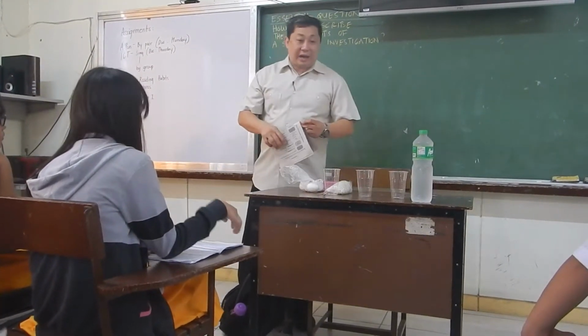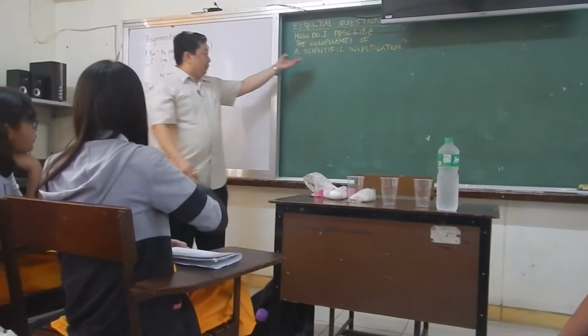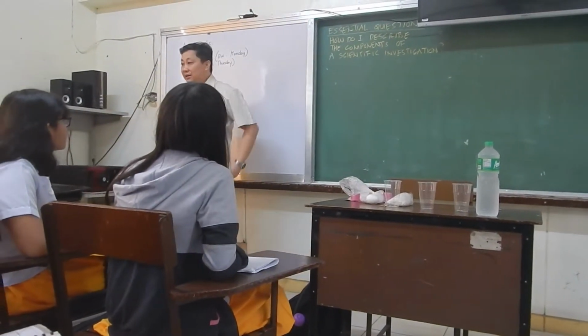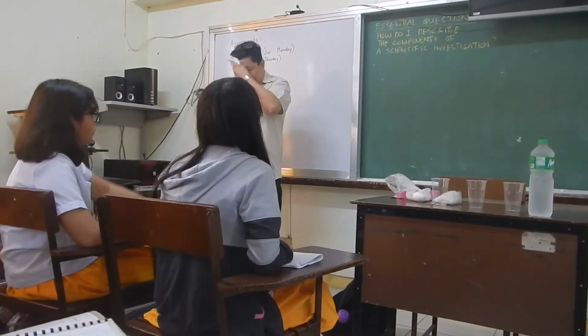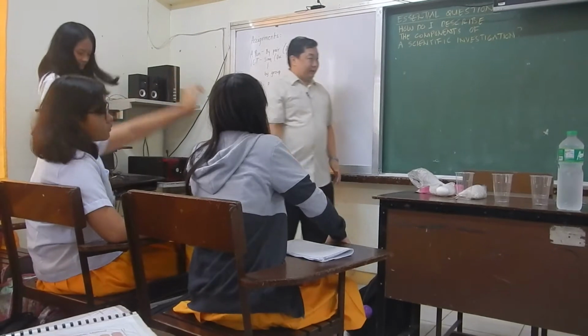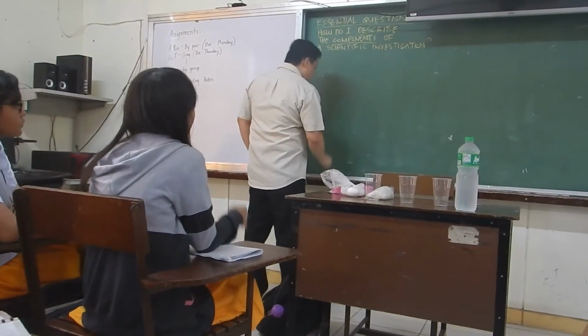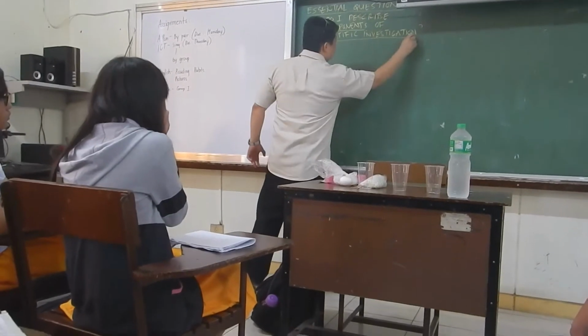What is the main concept of our essential question, Hazel? So what is the key word in our essential question? The one that we need to accomplish. Components of a scientific investigation. Very good. We're talking about the components of a scientific investigation.